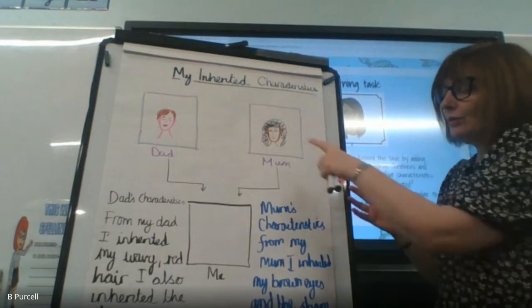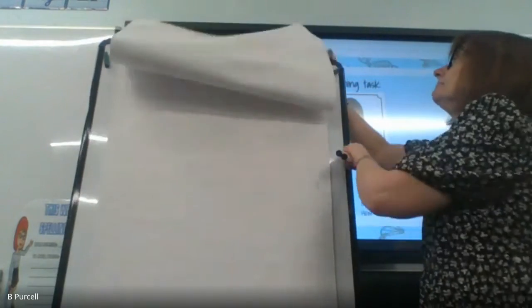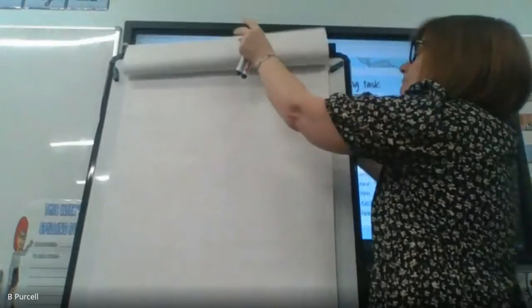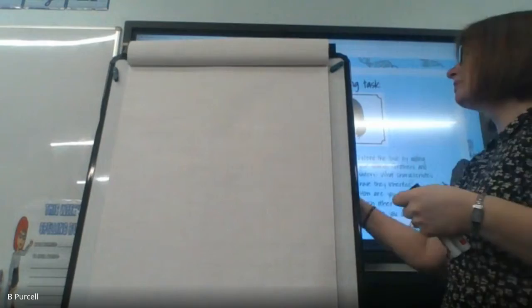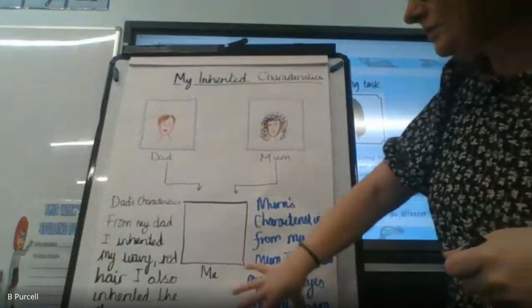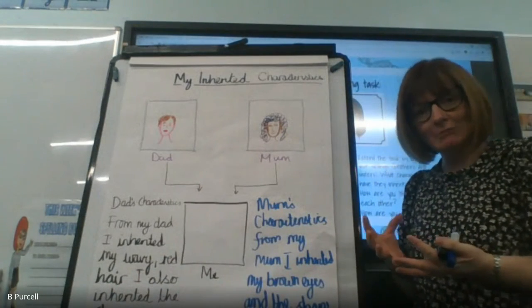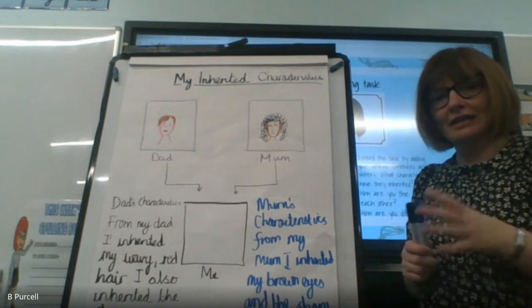Then, when you've done one for you, maybe you can have a go at drawing another box or two boxes or three boxes. I'll go back to this one actually, and do your brothers and sisters, and see what you inherited that's similar and what you inherited that's different.